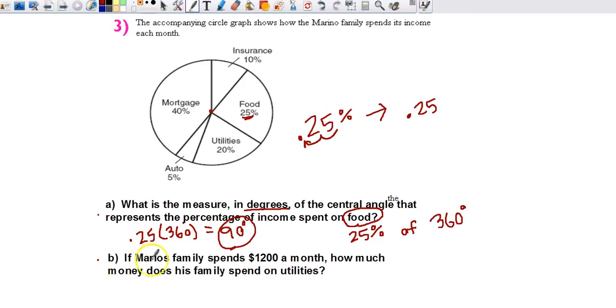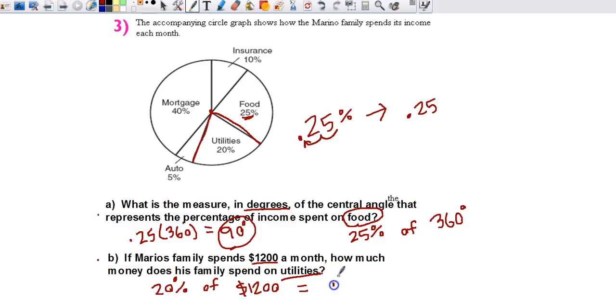Part B: if the Marino family spends $1,200 a month, how much money does the family spend on utilities? So this is a total question. We're not talking about degrees, we're talking about percentages of the total amount spent a month. We want to know how much money of that is spent on utilities. So you could figure out all the total values based off the percents by taking the utilities percentage, which is 20%, and taking 20% of this $1,200.